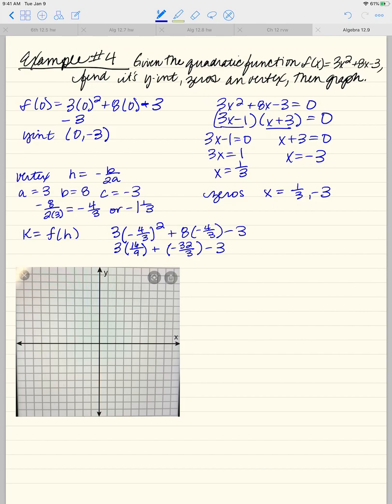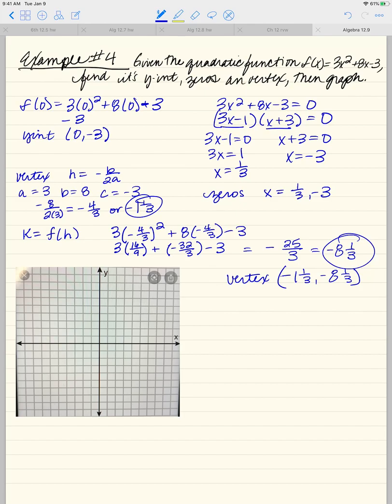And that ends up giving us negative 25/3, negative 8 1/3. So (h, k), our vertex, is right here. And then we're going to go ahead and graph, okay? Vertex negative 1 1/3, negative 8 1/3.